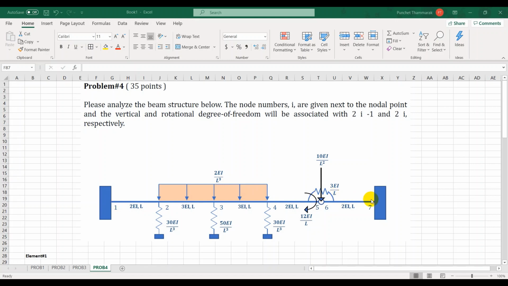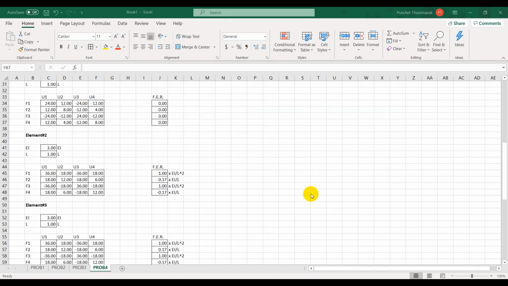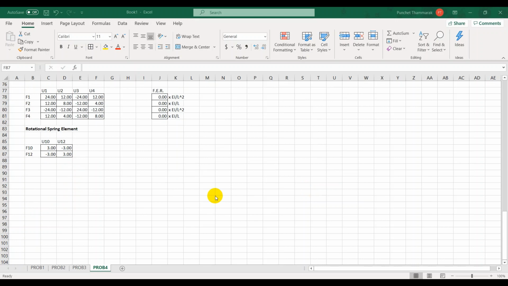So 14 add up with 4, 18. And then we have the hinge condition that makes the degrees of freedom number 9 and 11 go together. So 18 add up with 1 more condition, we have 19. And that is all. So I'm gonna prepare the matrix size.